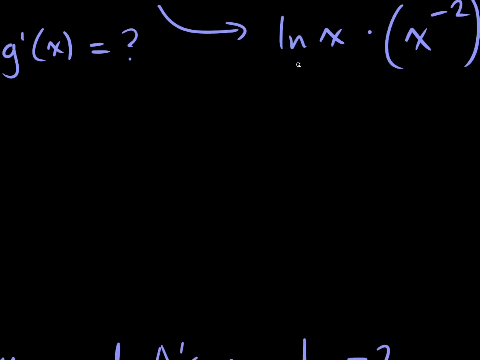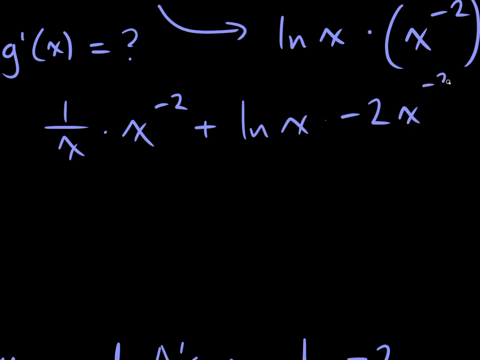So let's take the derivative of the first function, 1 over x, multiplied by the entirety of the second function, plus the entirety of the first function multiplied by the derivative of the second function, negative 2x to the negative 3. Okay, so this will be 1 over x cubed, because these two multiply, and this is x to the negative 1, meaning these exponents will add.